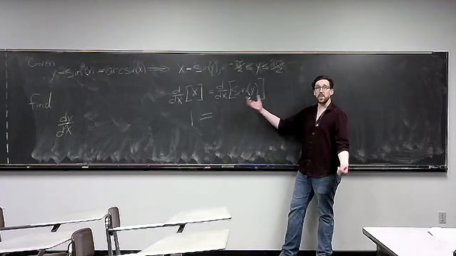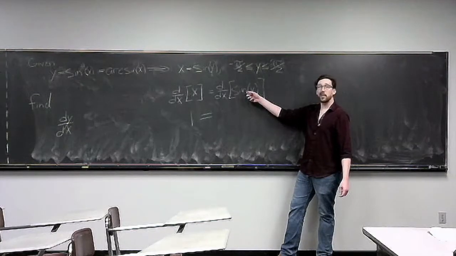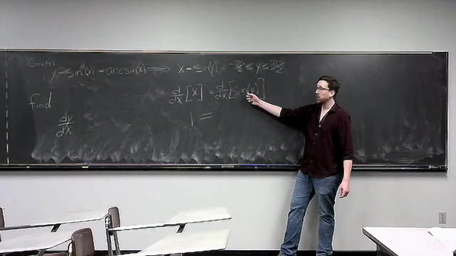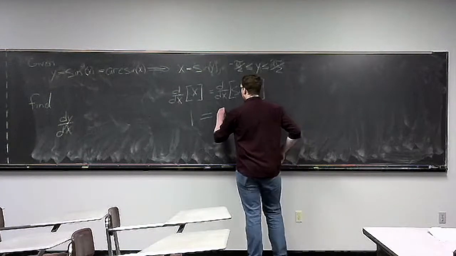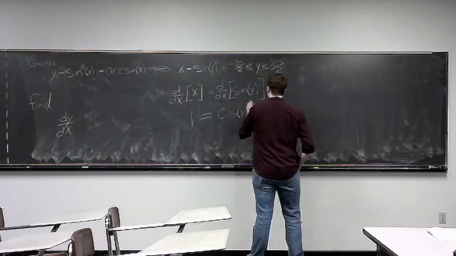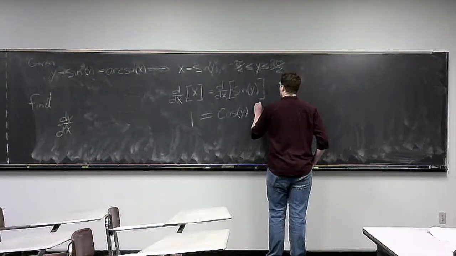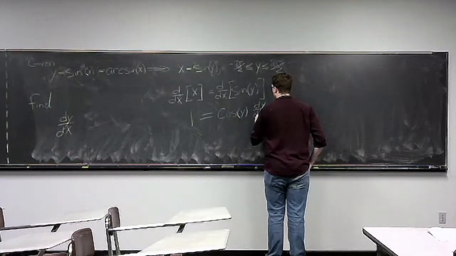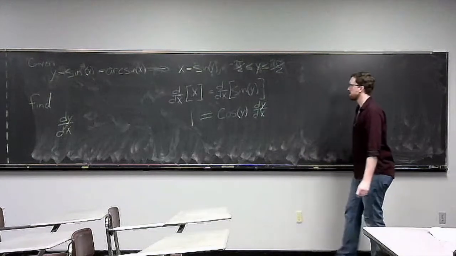Sine is your outside function, right? And y is your inside function. So this thing's going to come out to be cosine of y times dy/dx. Okay.